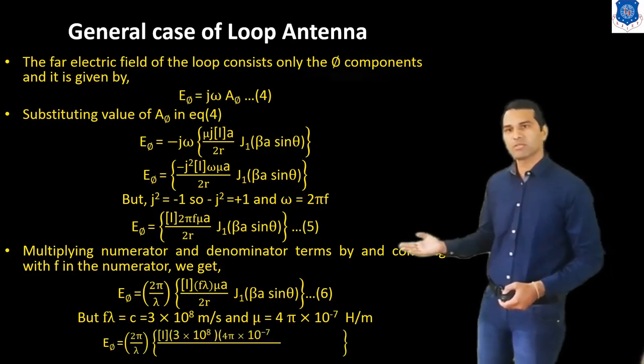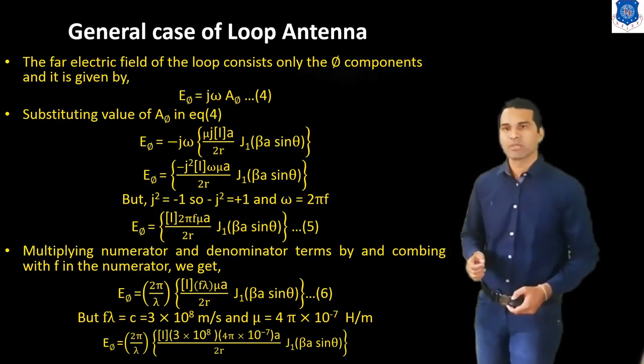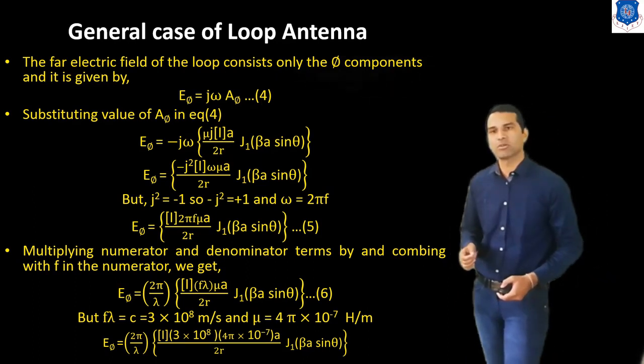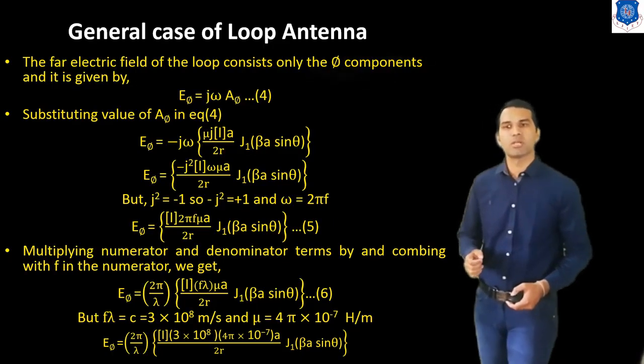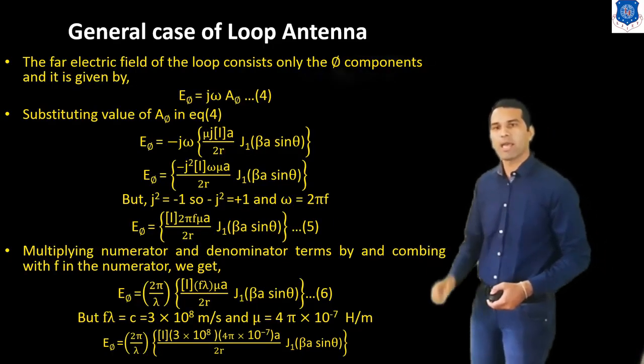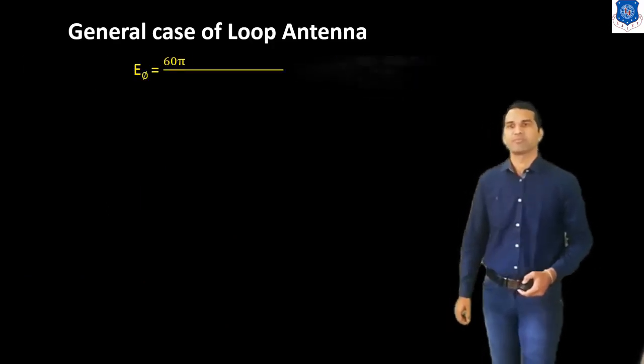So when we put these values, we can write the equation as 2 pi by lambda I, and instead of f into lambda we put c as 3 into 10 raised to 8, and mu as 4 pi into 10 raised to minus 7, into A upon 2r, and the Bessel function J1 beta A sin theta.